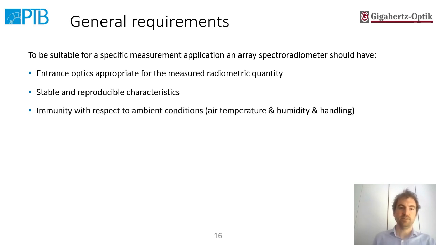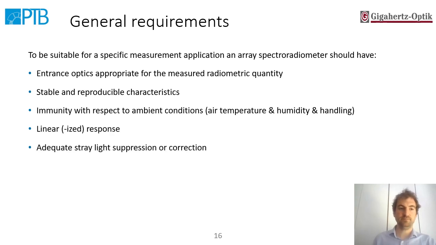The next requirement is an immunity against ambient conditions. So for instance, if you measure outdoors, you may need some temperature controlled unit in order to reduce measurement uncertainties. You will need a linearized response and some adequate stray light suppression or correction.